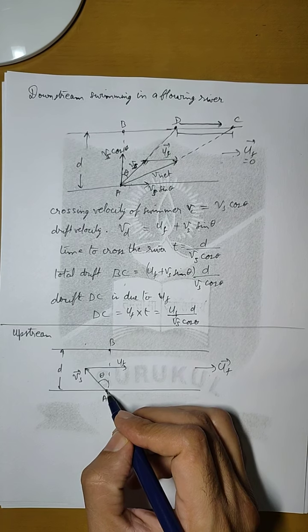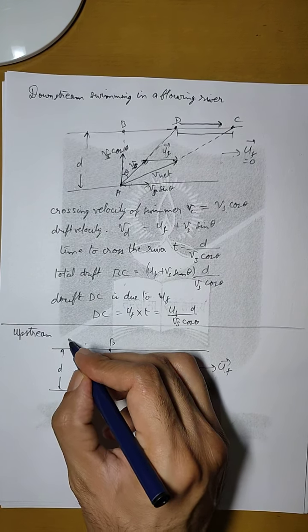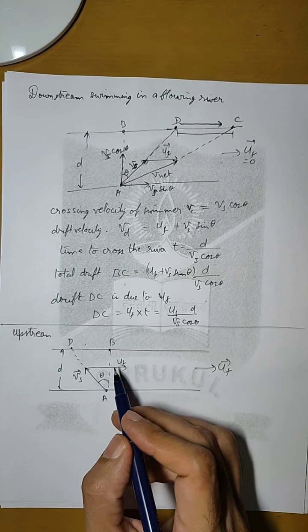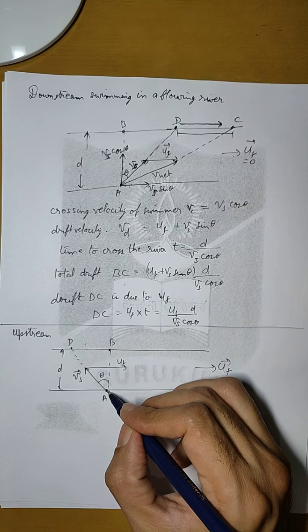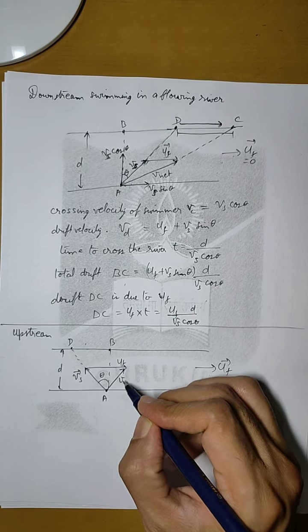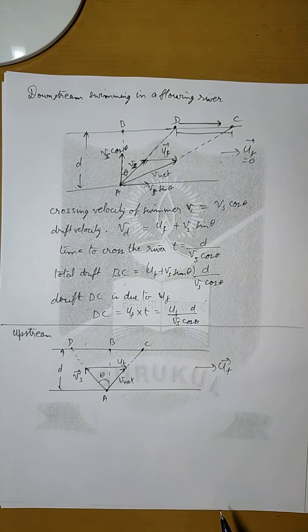So the swimmer wanted to go in this direction and would have reached D if there were no UF, but because of UF the swimmer is going to drift in this direction and he will go in the direction of V net, which will take him to the point C.